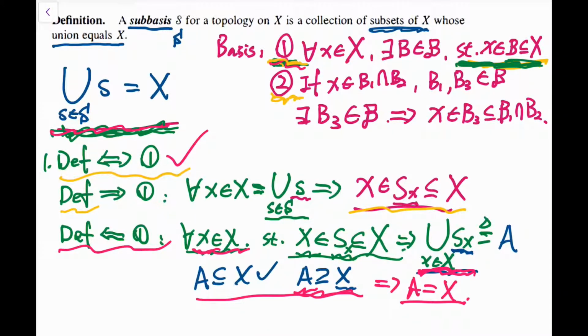But what we can do is modify the method we use to generate the topology by the subbasis so that the method can contain the second property of basis. In this way, we can convert the subbasis into basis and use it to generate a topology.